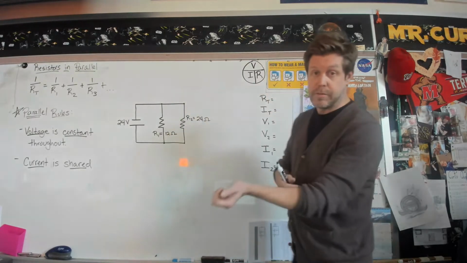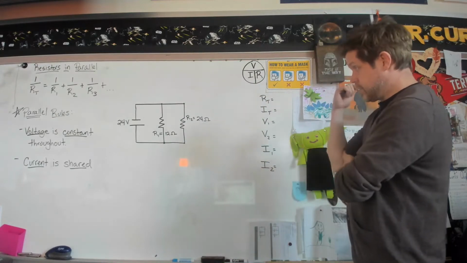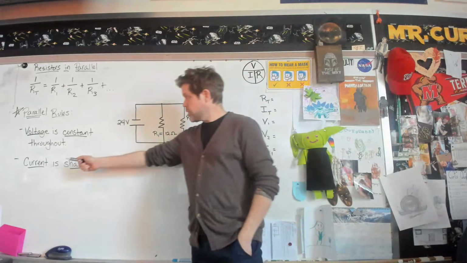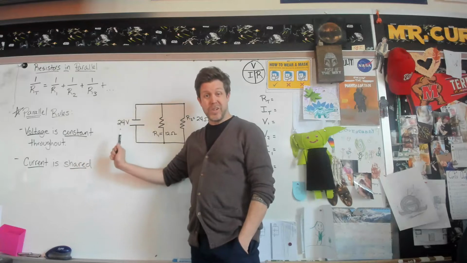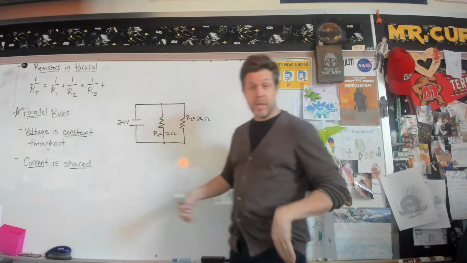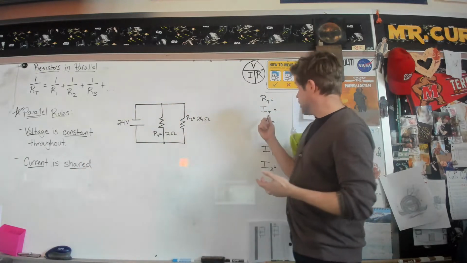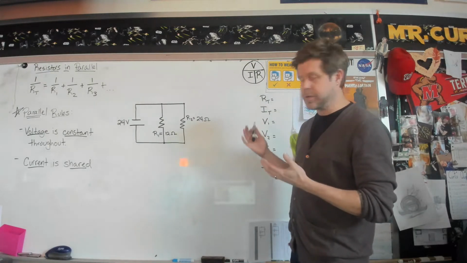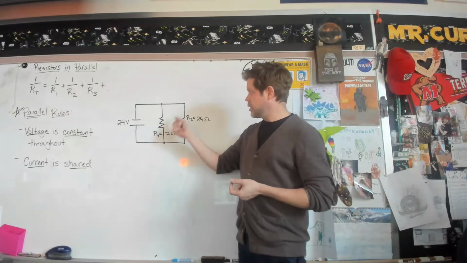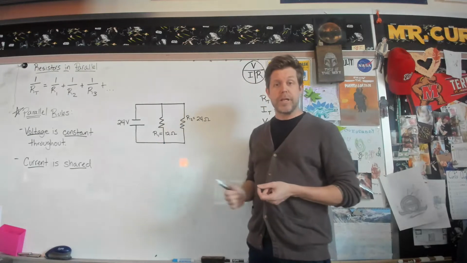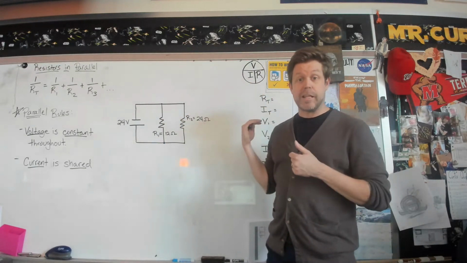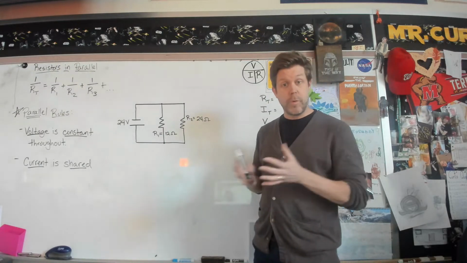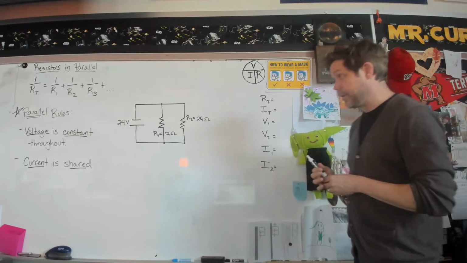So we can have some variance in our currents. As a result, current in a parallel circuit is going to be shared. So let's say we find out, as we'll do in just a minute, our total current of the circuit. When we look for individual currents on these different branches, we'll see that they're going to be less than the overall current, but when we add them together, they'll equal the same number. All right.